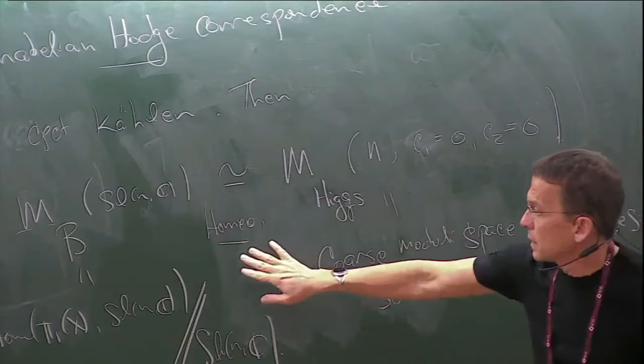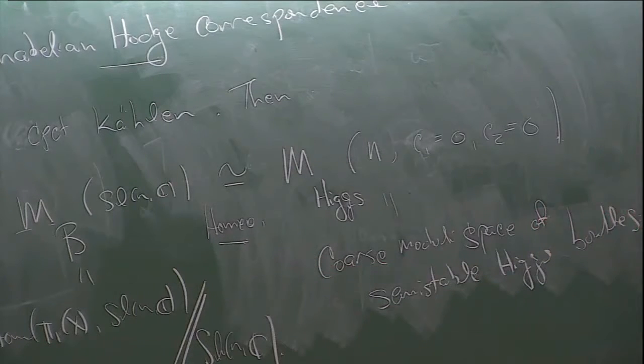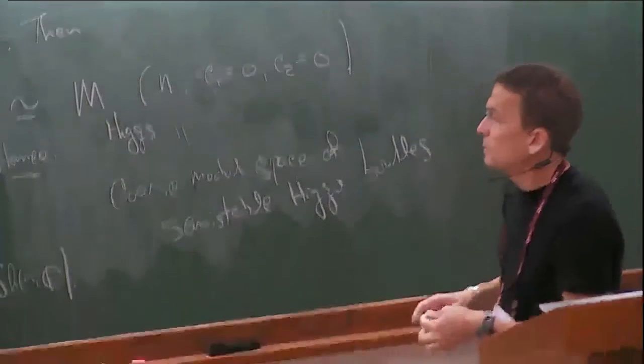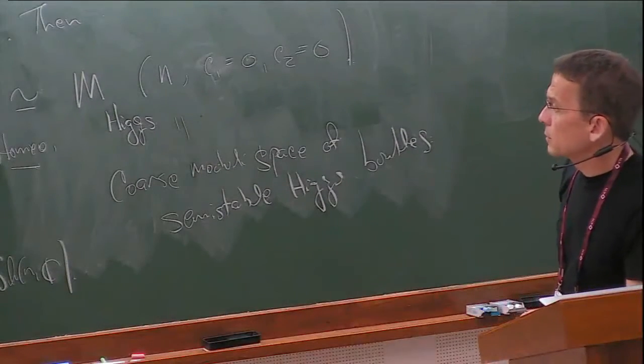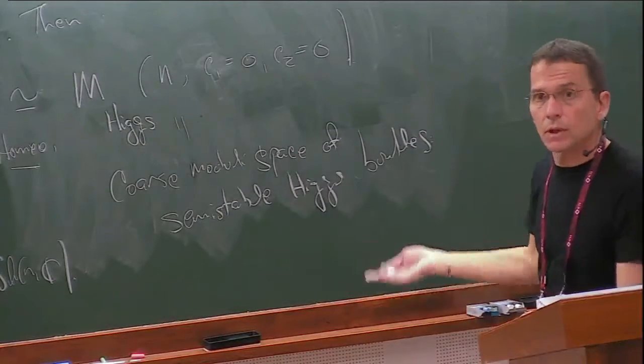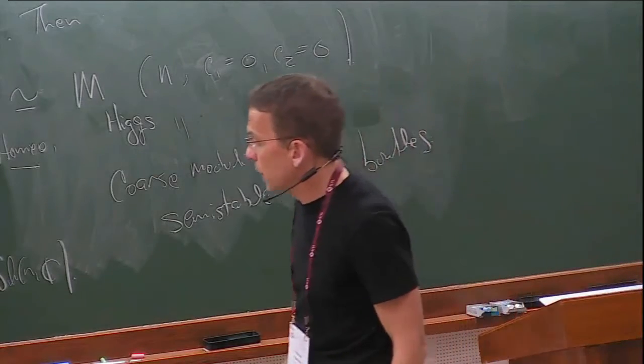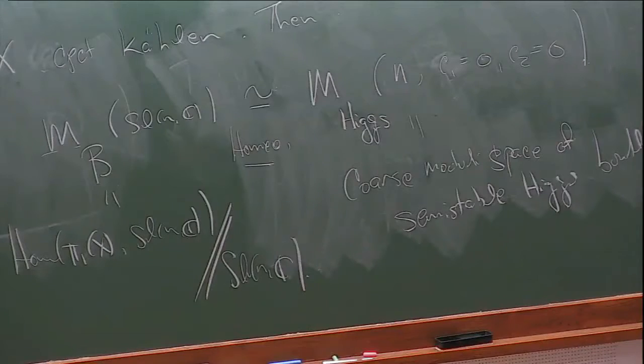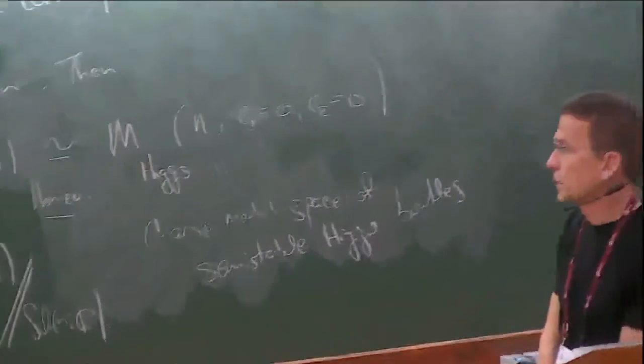So this is a homeomorphism, and this is the non-abelian Hodge correspondence. I've run out of time here, but this actually has rather important applications to Kaehler groups, for example. Maybe I'll state some of those if I have time later on.